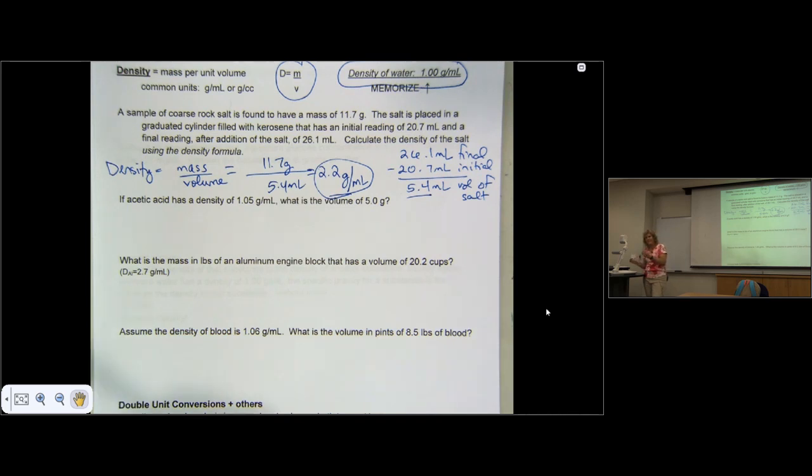About density itself? All of your other conversion factors up until this point have been a length to a length, or a volume to a volume, or a mass to a mass. Think about that sheet. That sheet is quarts to gallons, or milliliters to quarts. That's volume, volume, volume, volume. Pounds to grams, that's mass to mass.